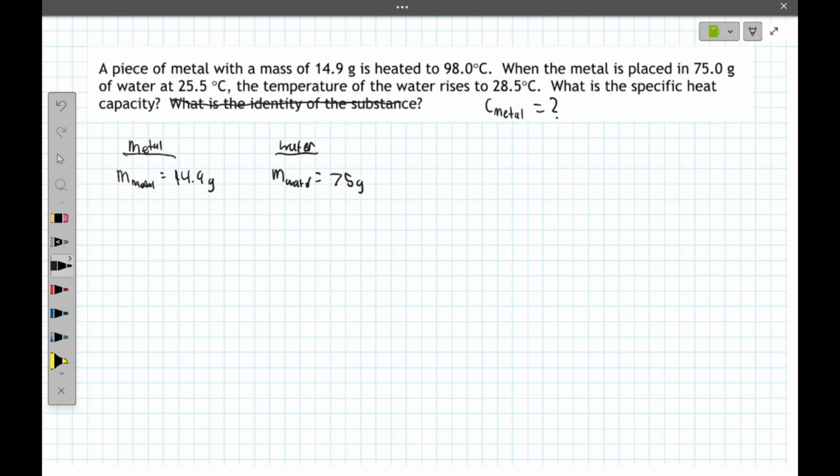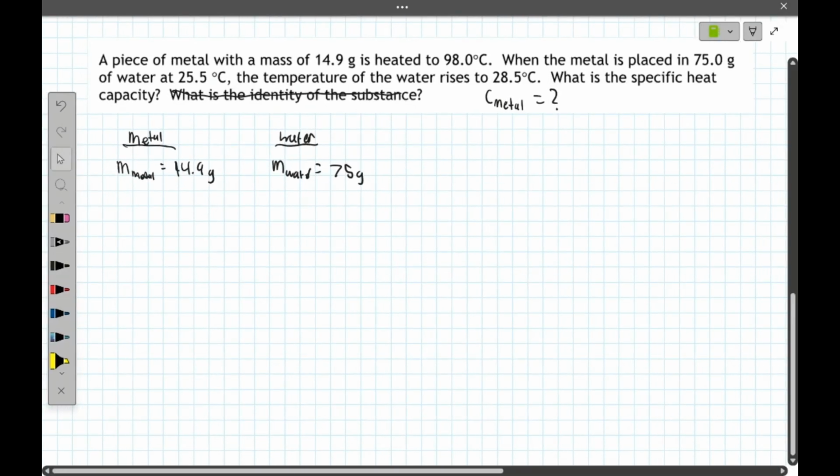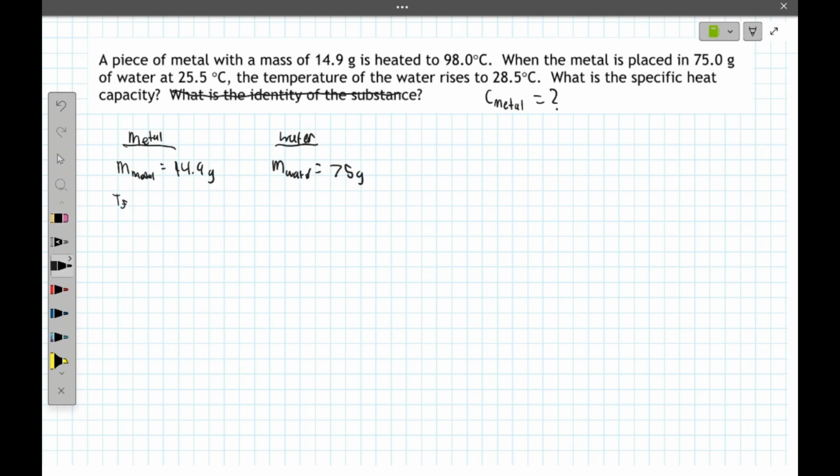Okay, so now we are also given the final temperature of both, which was 28.5 degrees. So we can write that down for both. So T final is equal to 28.5 degrees Celsius, and T final is equal to 28.5 degrees Celsius. Now this is where they differ.